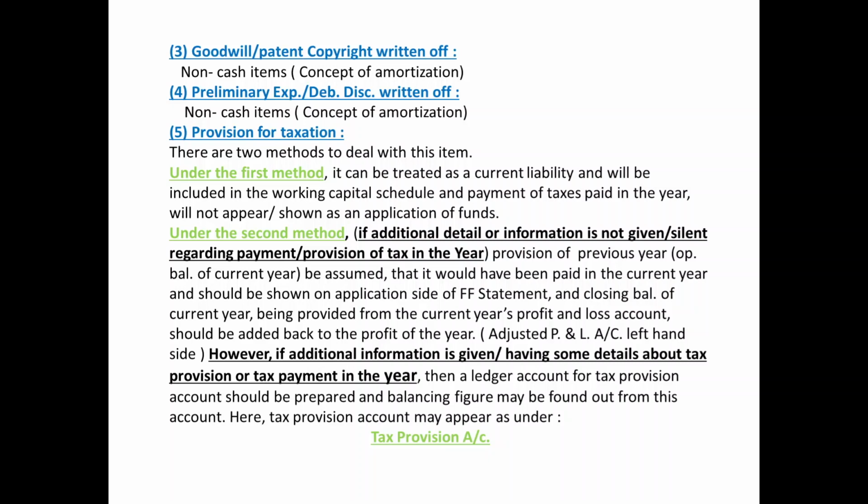So that would be shown on the left hand side or debit side of adjusted profit and loss account. Because we need cash profit, fund profit generated from business operation, and that is why net profit as decided by the company should be converted into cash profit, fund profit generated from business operation.